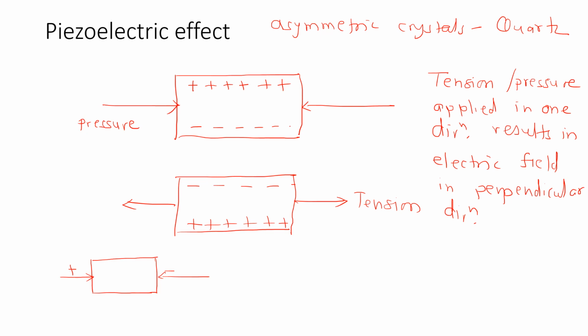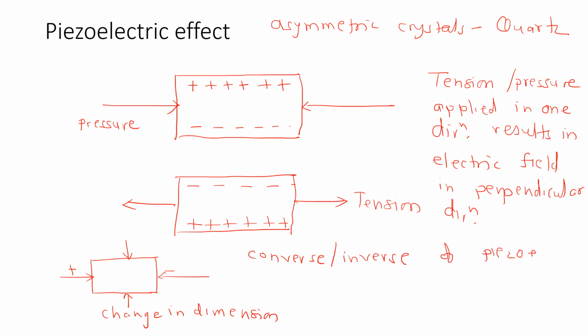If we apply electric field in one direction, then we should get change in the dimension perpendicular to this electric field. So we will get this change in dimension. So this is converse or inverse of piezoelectric effect.